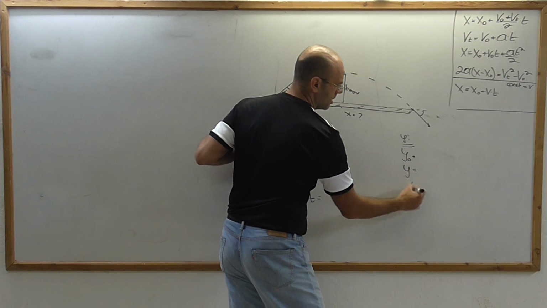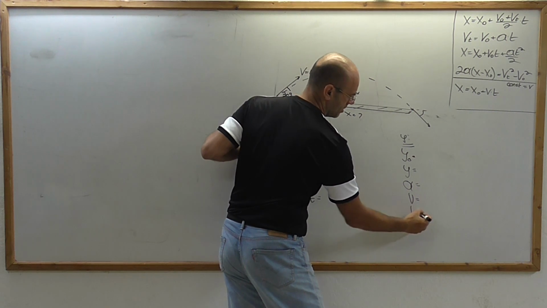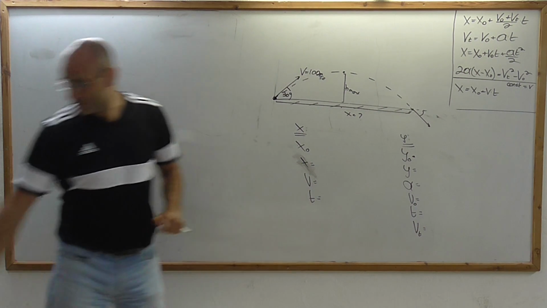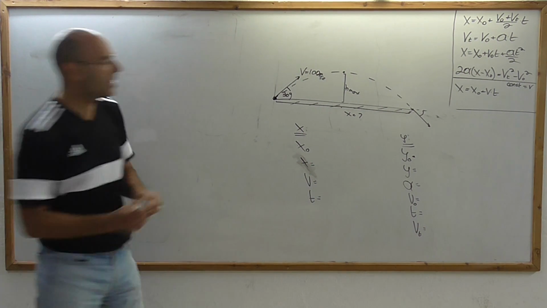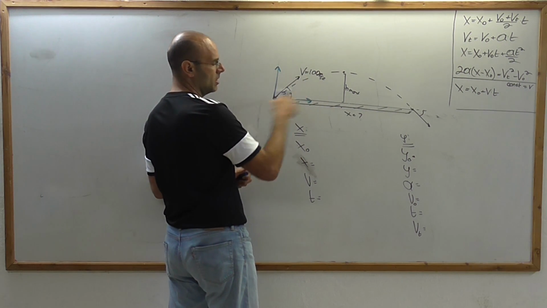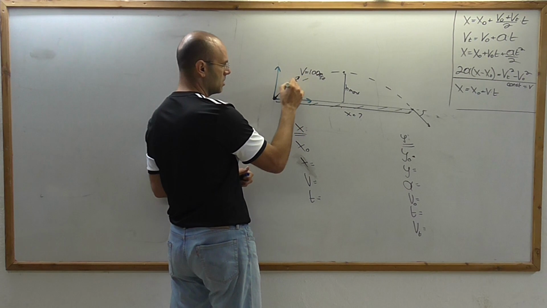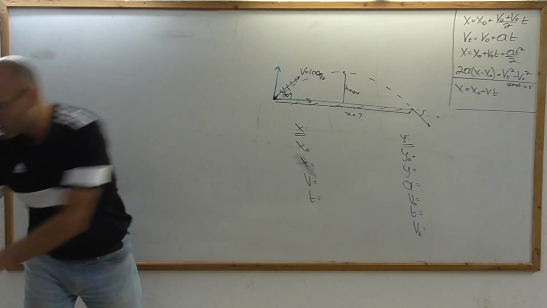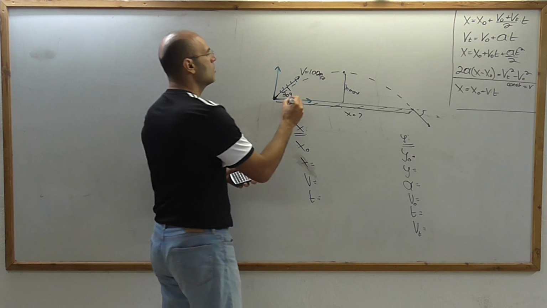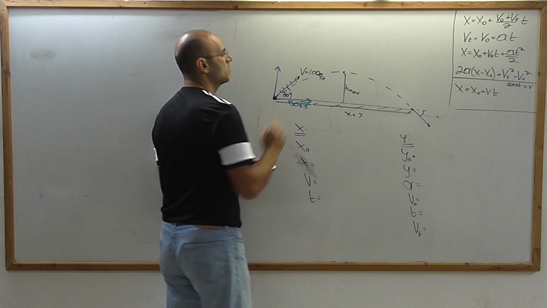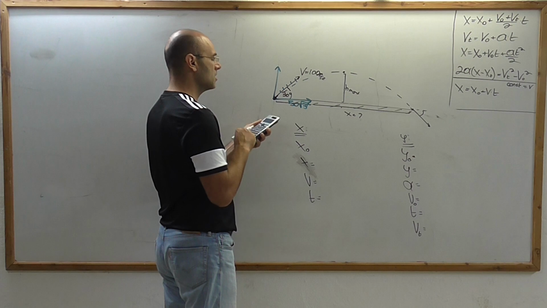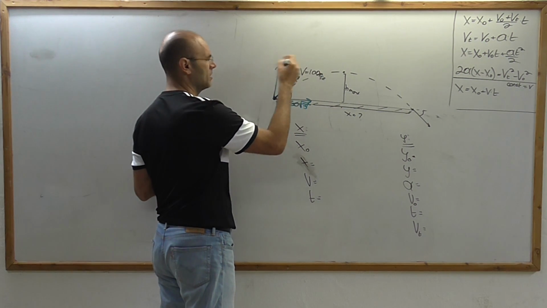And y0, y, a, v0, v final, t. I remind you, first of all, we separate the initial velocity into two velocities. This one will get the cosine. 100 cosine 30 is 50 square root of 3. And 100 sine 30 is obviously 50.